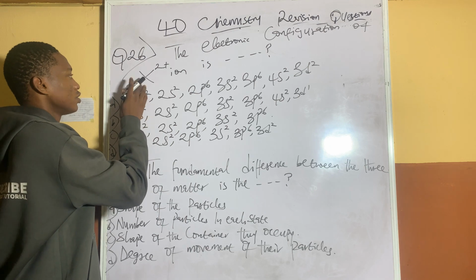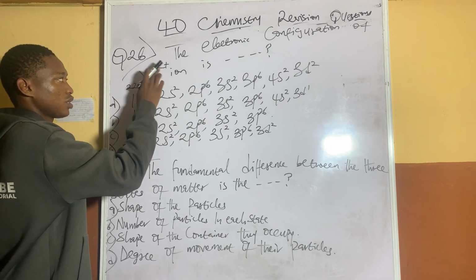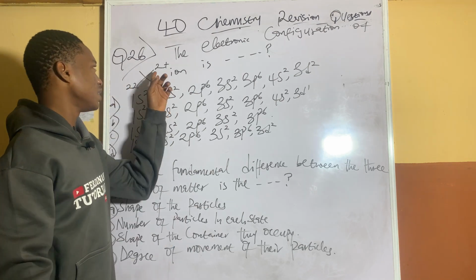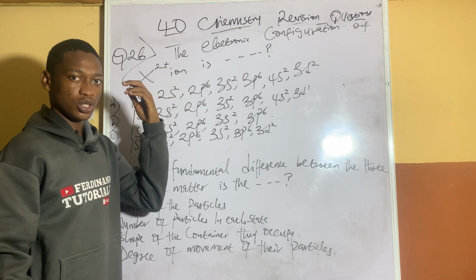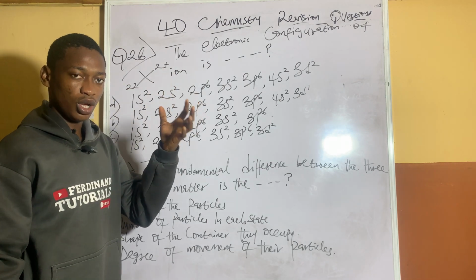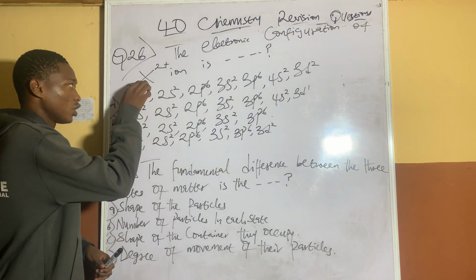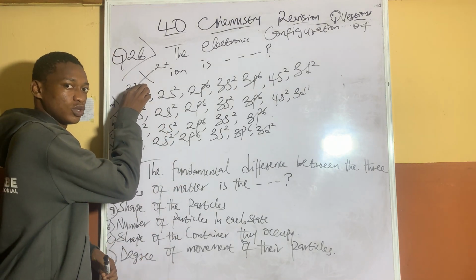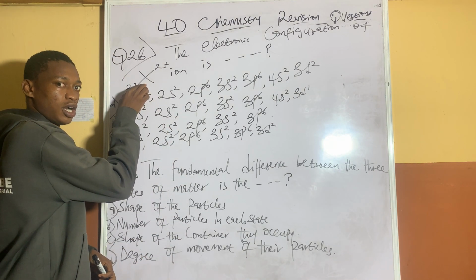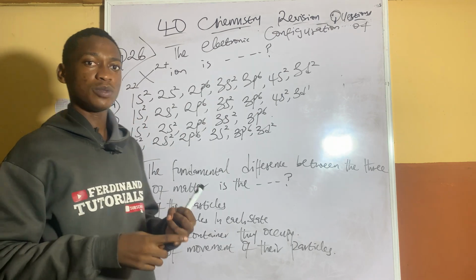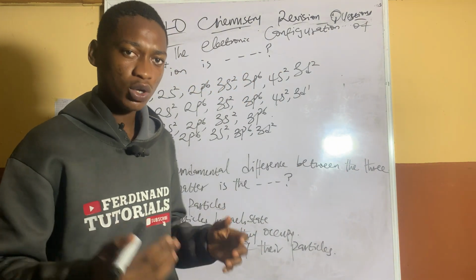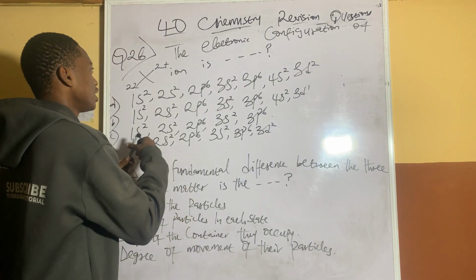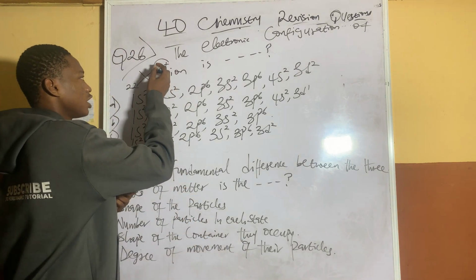When we're talking about an element like this, and then we're talking about charge, remember, this means that this is an element. So for us to have a charge, and then they're asking us about the electronic configuration, it simply means that we're not going to look for the atomic number 22 in the configuration. Are we together? So what happened here is that 2 plus ion has been given off.